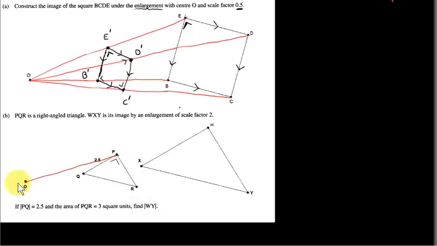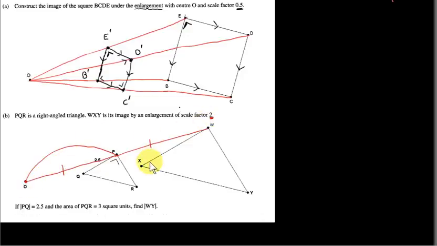So for example, we draw a line from O through P, and we keep going. What we do then is we multiply the distance OP by 2, and we would get the line that's twice as long as OP. We get the line OW.